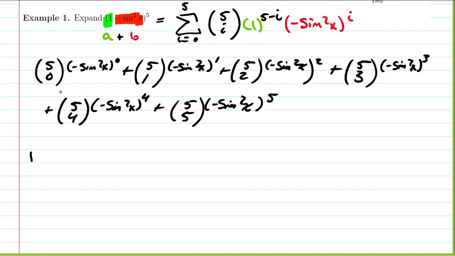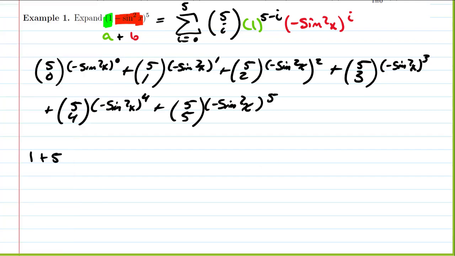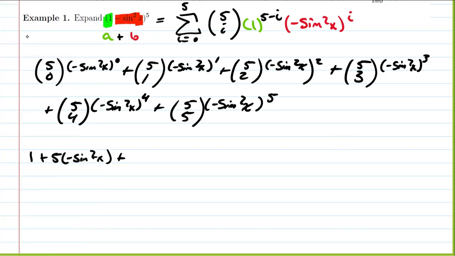And then we have 5 choose 1 is going to be 5, if we look at our calculator. So 5 choose 1 is 5. And then we have negative sine squared of x raised to the first power. So this is negative sine squared x plus 5 choose 2. When we look at our calculator, 5 choose 2 is 10.